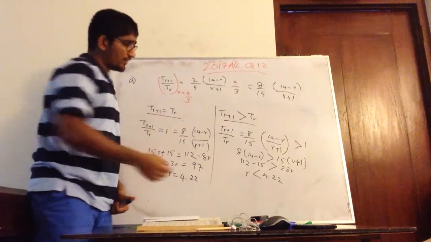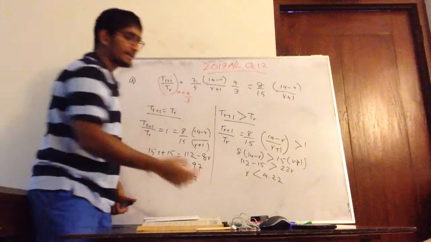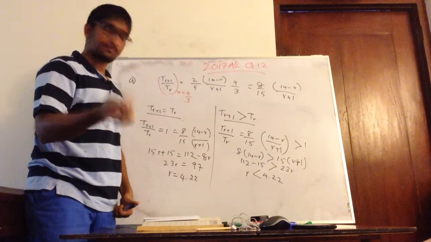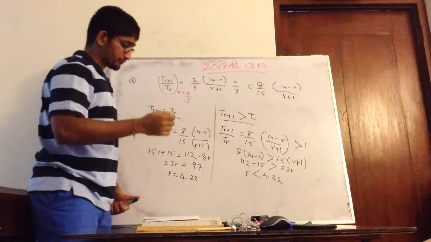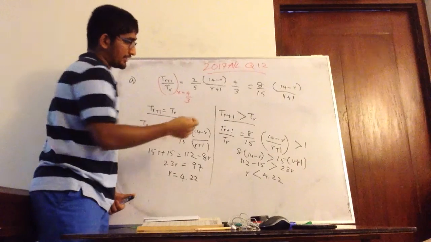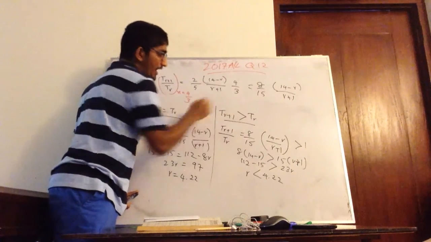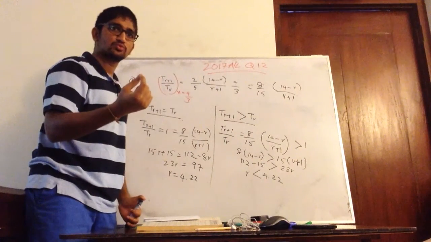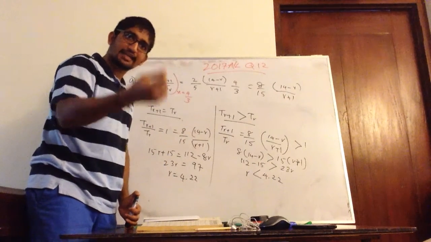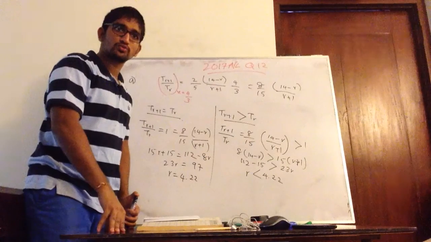This means when the value R is less than 4.22, the T(R+1) value is greater than the T(R) value.